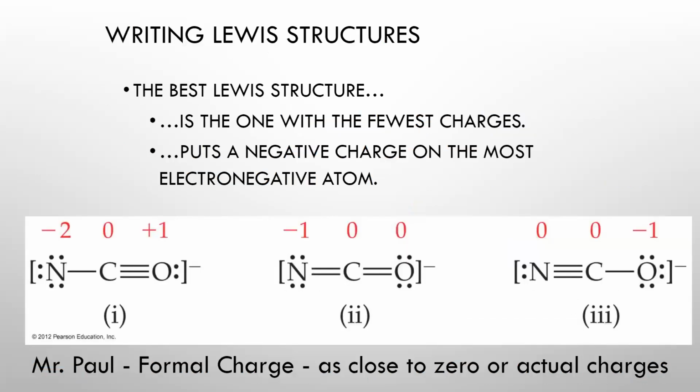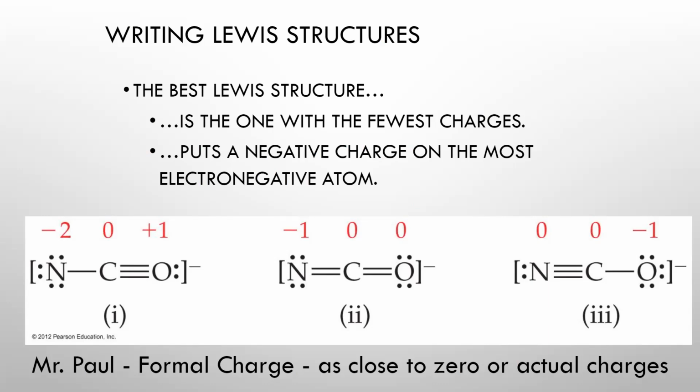Another example, we want to work that out to consider which one is best. And in this case, going back to what I said before, the oxygen on the far left is +1. That's no good because oxygen is very electronegative. You do have nitrogen involved in there, but oxygen is more electronegative than nitrogen, so it should have the negative charge.